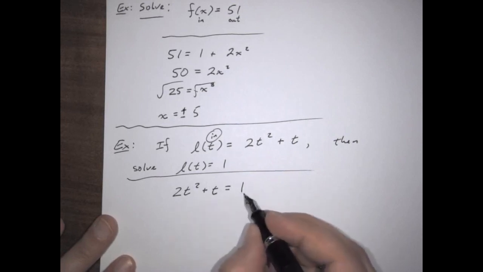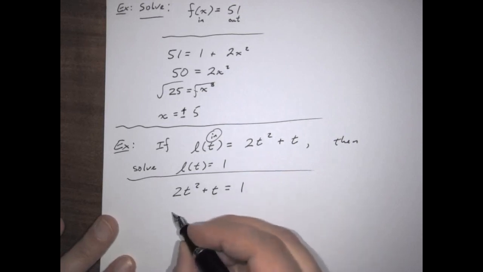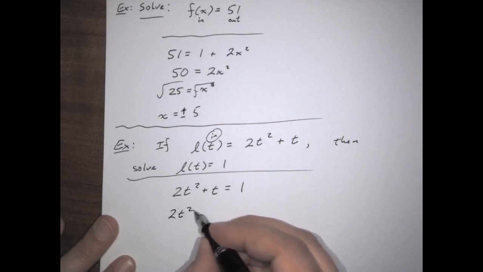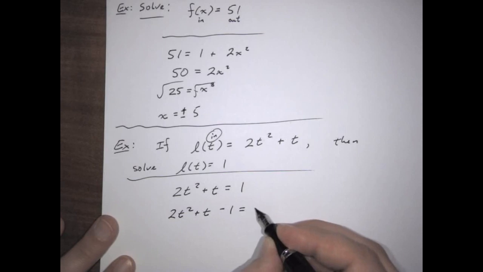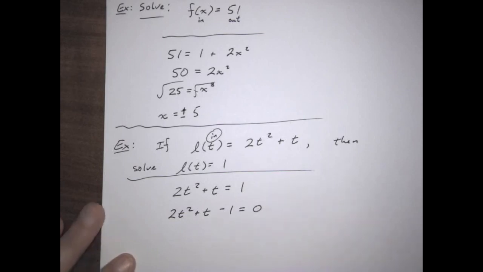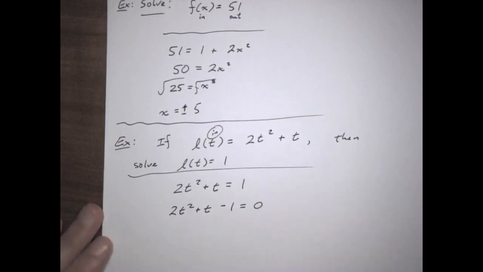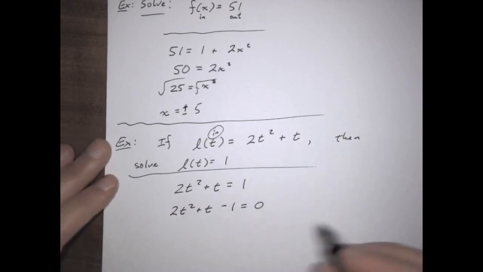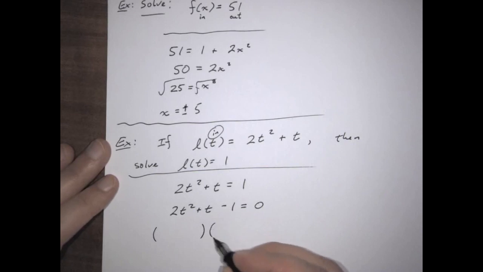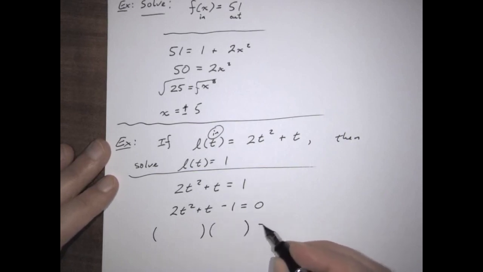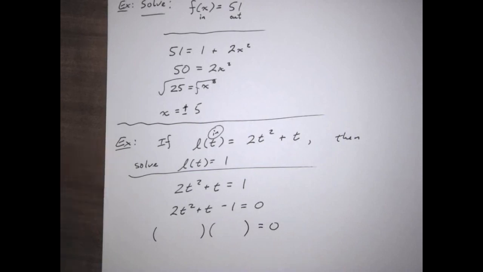So we move everything to one side, we subtract the 1 from both sides, and we get 2t squared plus t minus 1 equals 0. And now the task would be to try to factor this if we can. Now, turns out we can factor this, and there are different methods you might enjoy for attempting this.